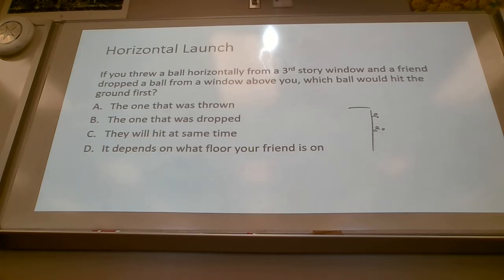It would be the same result as if you just dropped them from the second story and the third story, and your initial vertical velocity is 0. Good?